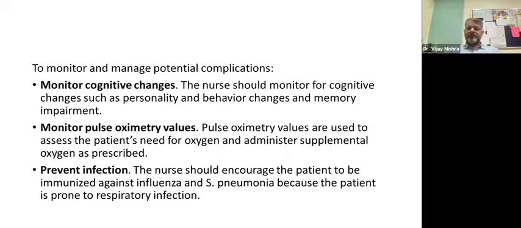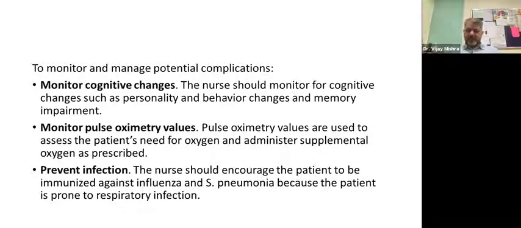So they start developing anxiety and depressive characteristics. They develop personality and behavior changes, they have memory impairments. So these all must be looked into and sorted at the first instance that they are noticed.